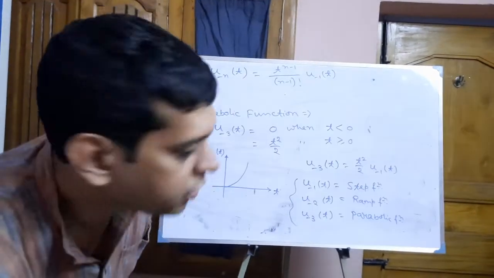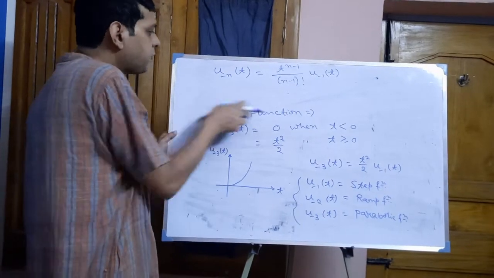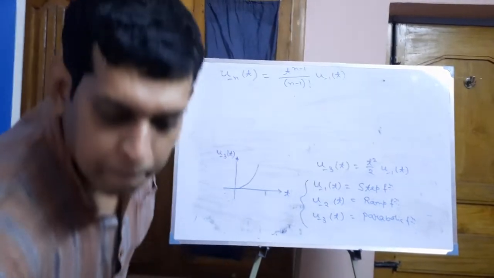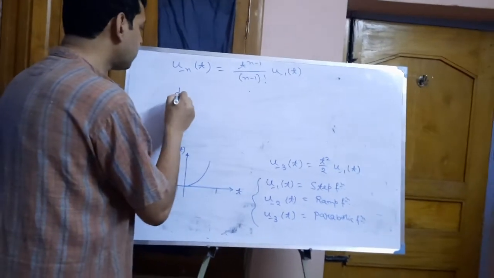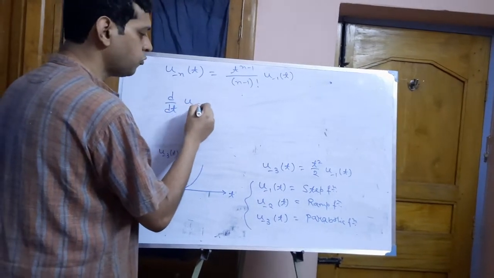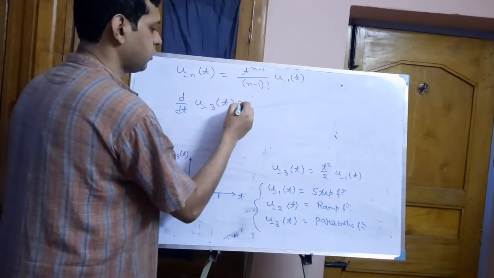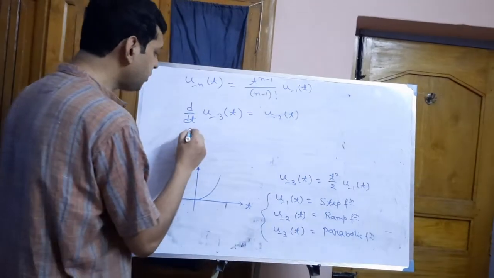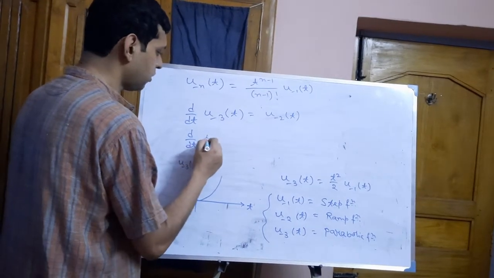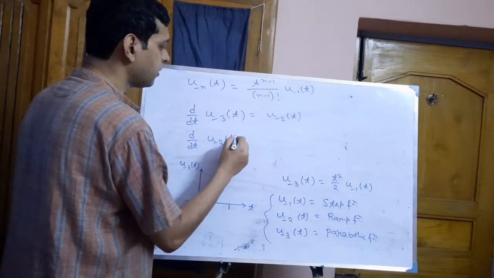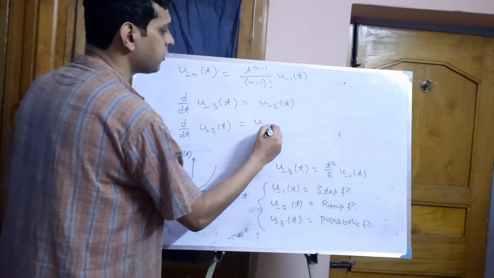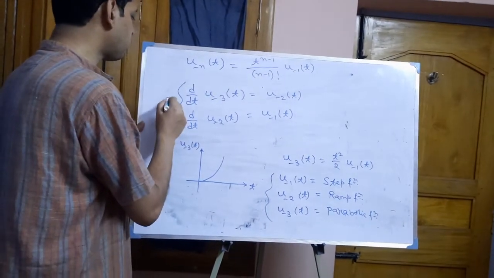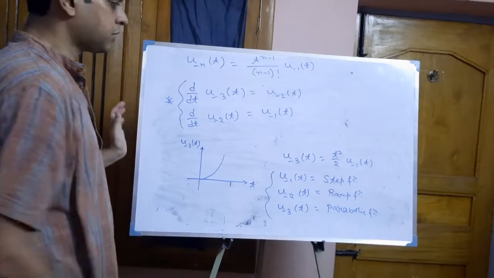The property is, if we differentiate a parabolic function, we will get a ramp function. Now d/dt of u minus 3 (t) equal to u minus 2 (t), and d/dt of a ramp function gives us a step function. Okay, this is a very important property of these three functions.